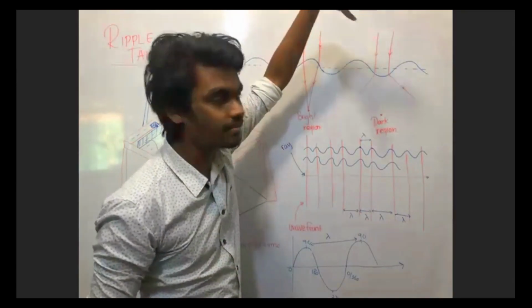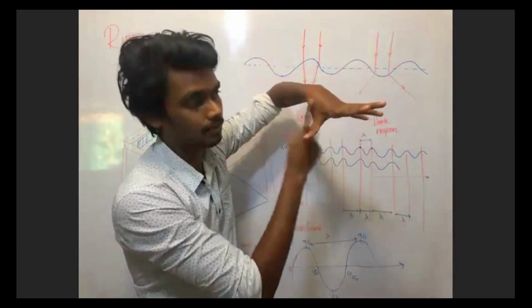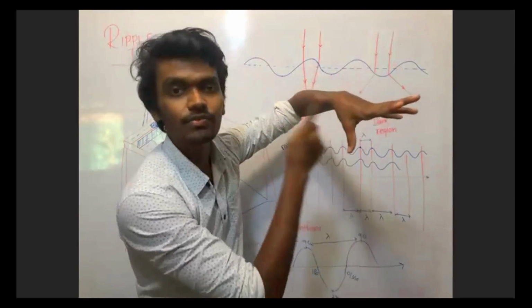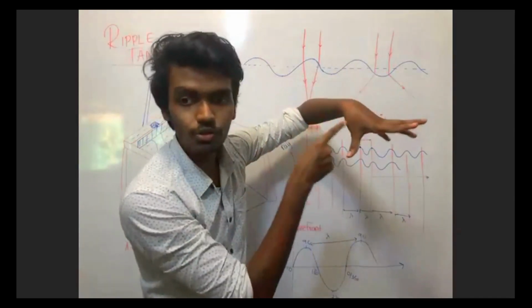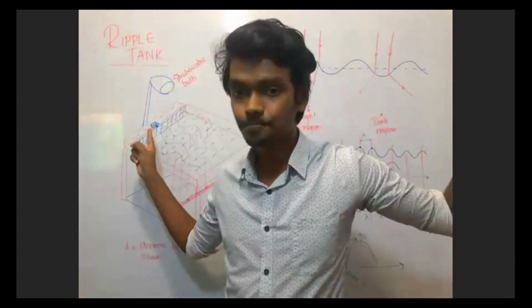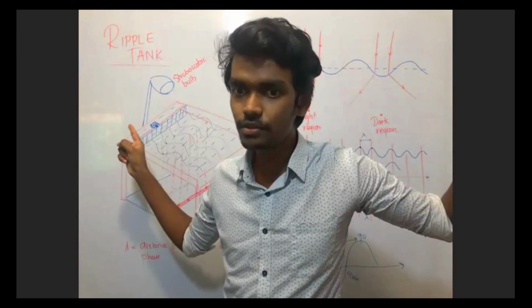What you can do is adjust the frequency of the stroboscopic bulb such that the frequency of the stroboscopic bulb is equal to the frequency of the vibrator.